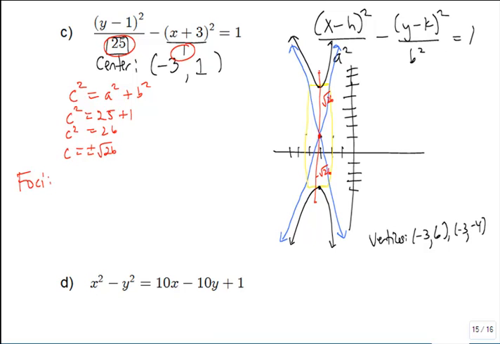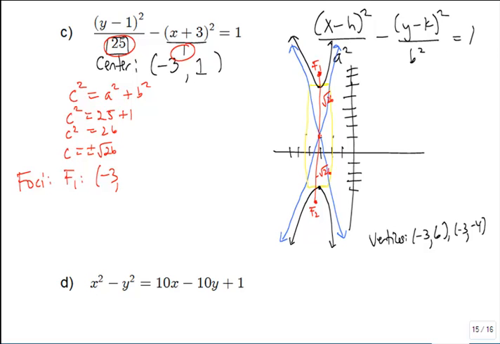So to find the coordinates of these 2 points right here and here, let's call this one F1 and this one F2. To find F1, what we need to notice is all of these points in red here, what are their x coordinates? They're -3. That's not changing because I didn't move left or right at all. But what will change are the y coordinates.